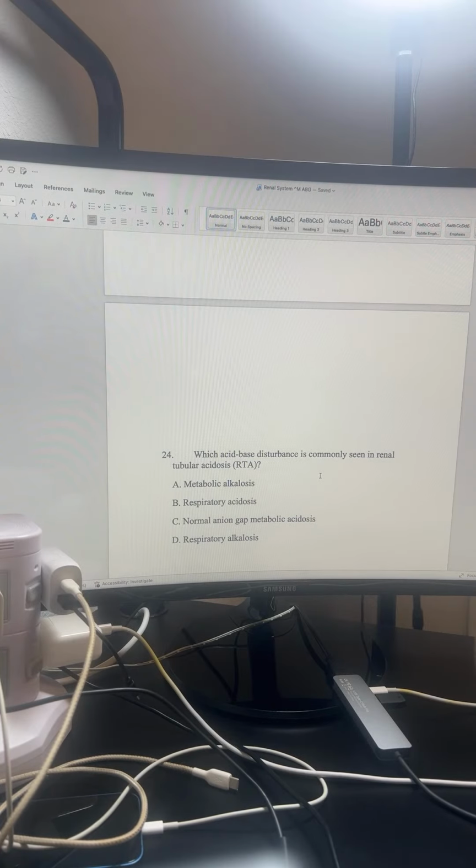Which acid-base disturbance is commonly seen in renal tubular acidosis? If you don't know the answer, always use the process of elimination.